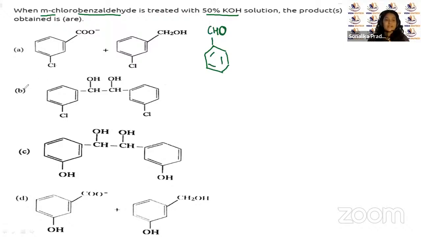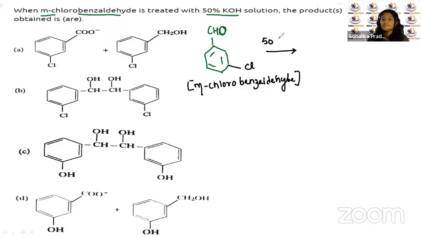And at this position, you are having chloro. So this is your m-chlorobenzaldehyde. Yes, children. Now, this is being treated with 50% KOH solution. So when this is treated with KOH solution, what are going to be your products?